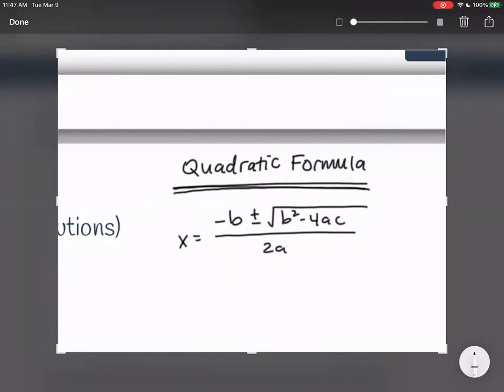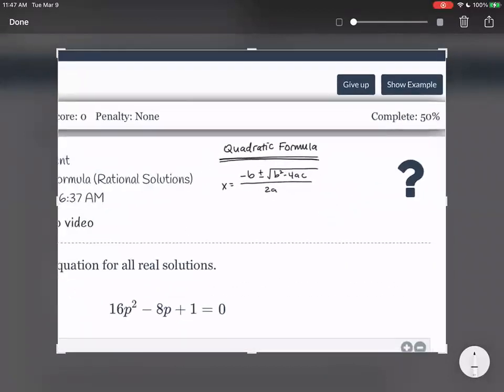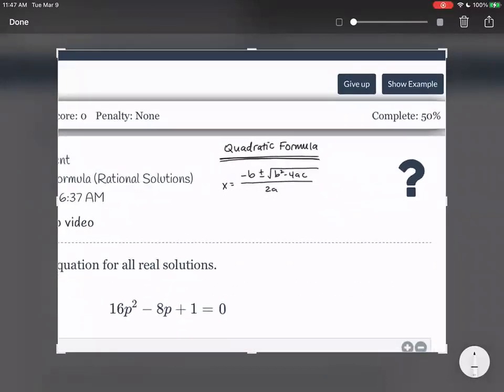So what is the A, B, and C that we are talking about? Well, let's take a look at this equation. First step is you have to make sure it's set equal to 0. So we have it equal to 0, which is good. Then the number that is your coefficient of the variable squared, so in this case p squared, this is your a value. So a is equal to 16.